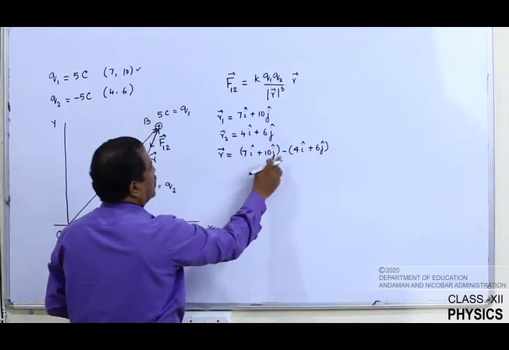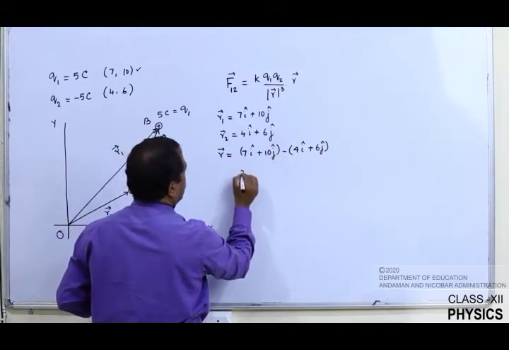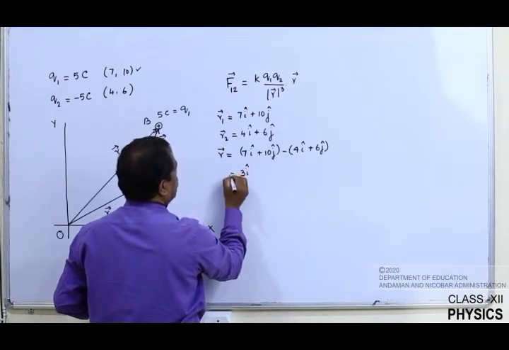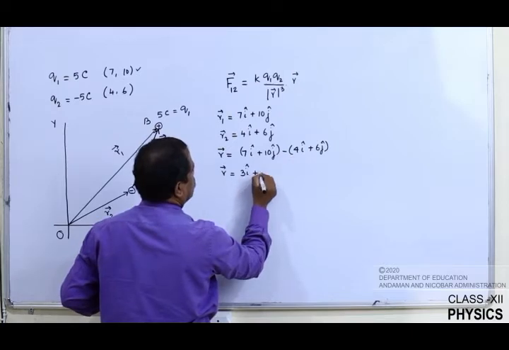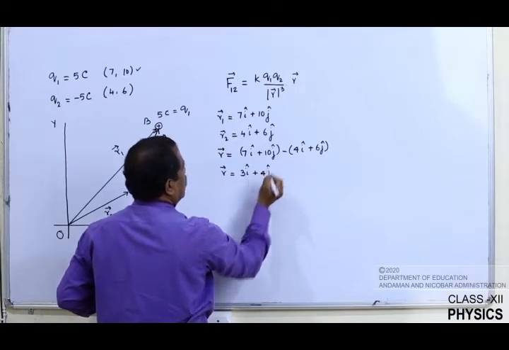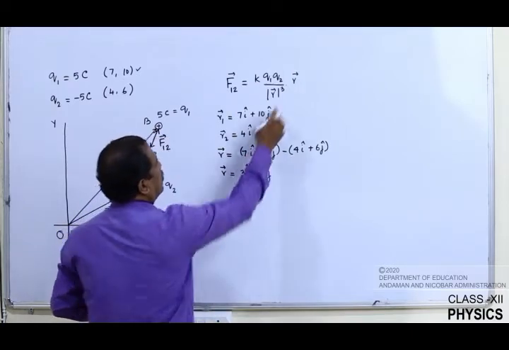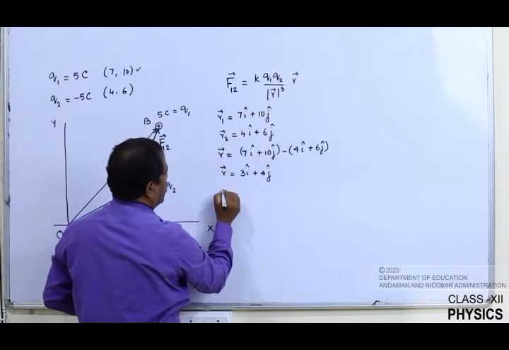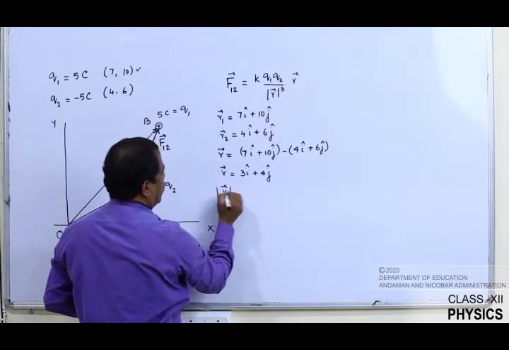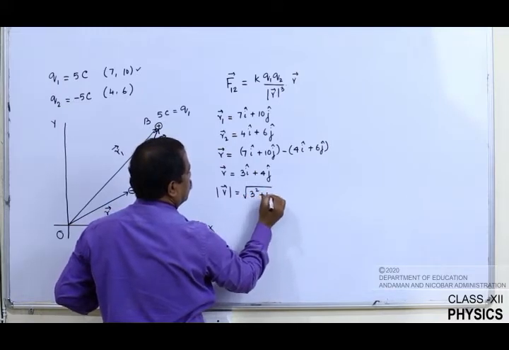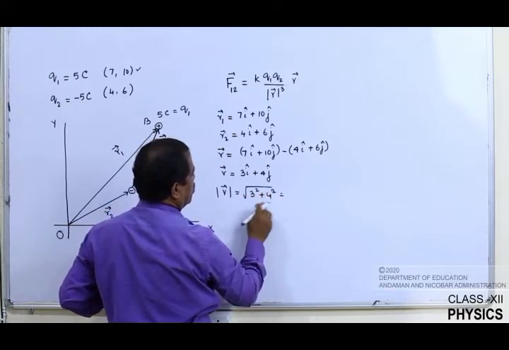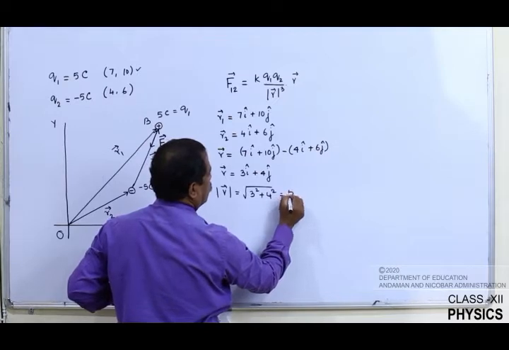This is 7 minus 4, which is 3 i cap, and 10 minus 6, which is 4 j cap. And I got the vector R. I want its magnitude. So the magnitude of R is equal to root under 3 square plus 4 square, which works out to be root under 25, and this is 5.